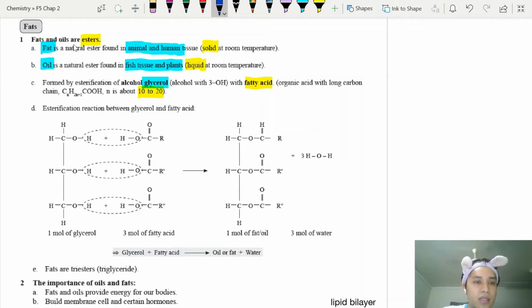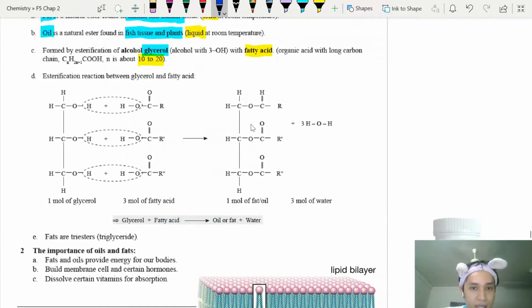But in the case of fats, the carbon chain in the carboxylic acid is actually more than 10. This is an example of the esterification reaction between the glycerol and the fatty acid. This is the glycerol.